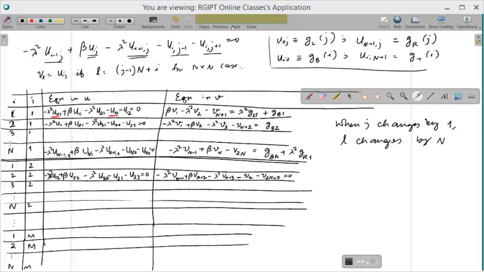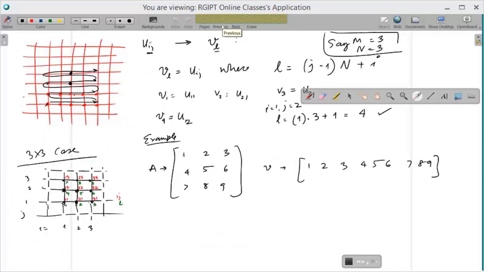If these are your boundary points, any point in the neighborhood of the boundary points will have a non-zero right hand side. But if you're not in the neighborhood of boundary points, then your right hand side will be 0. For example, in the 3 by 3 case, only if you choose i equal to j equal to 2 will you get 0. Otherwise all points are in the neighborhood of boundary points.